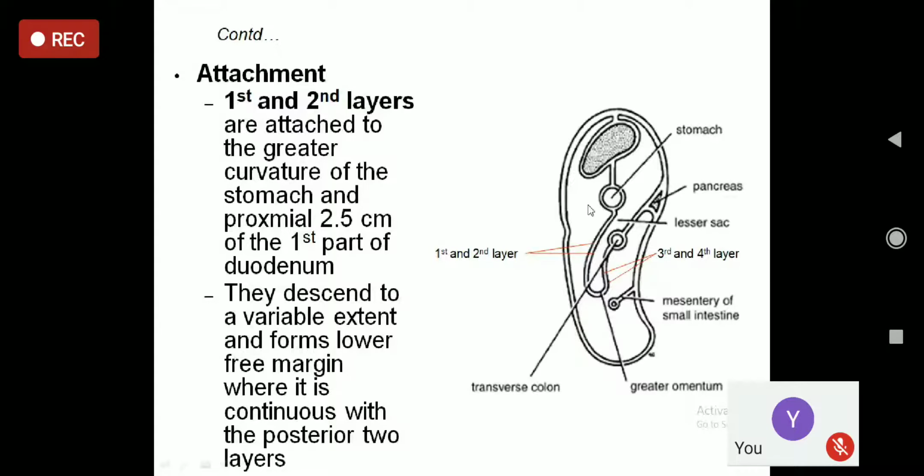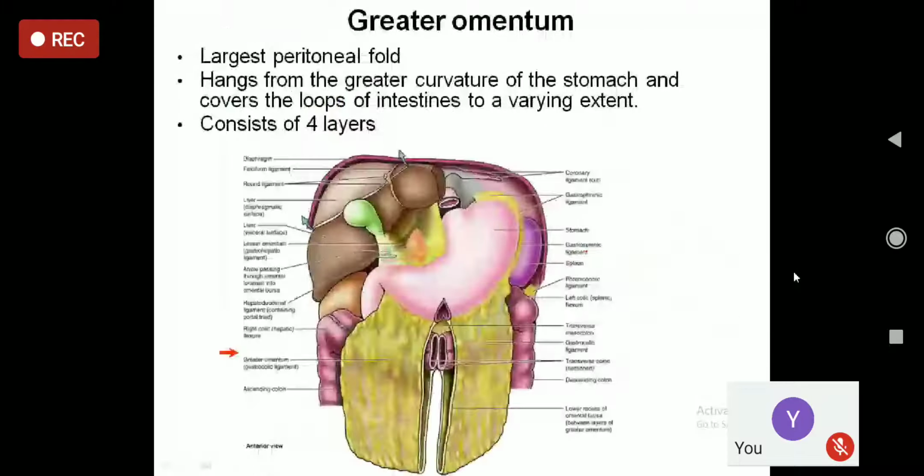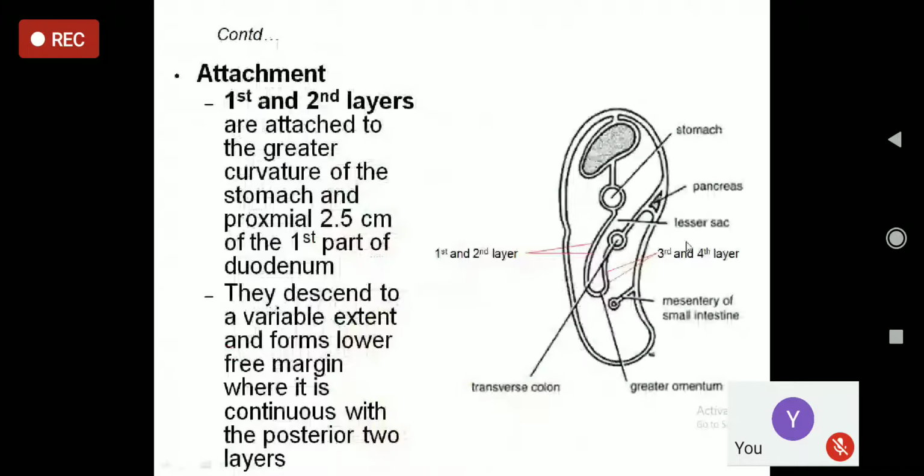So at the greater curvature of the stomach and the initial 2.5 centimeter of the duodenum, there is attachment of the first and second layer of the greater omentum, and they descend to a variable extent and form the lower free margin. So this is the lower free margin of the greater omentum, and it is continuous with the posterior two layers.